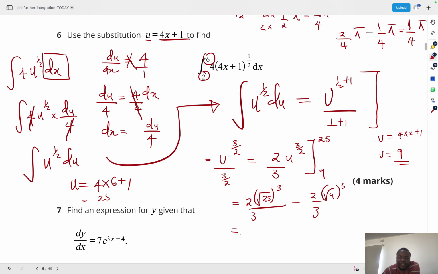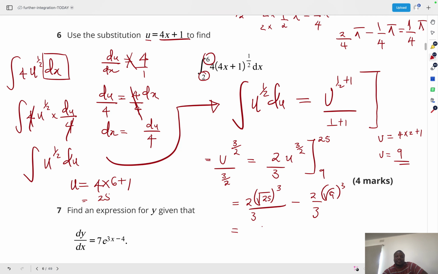You can punch these on your calculator; I'm just using indices because I'm limited with calculator usage here.